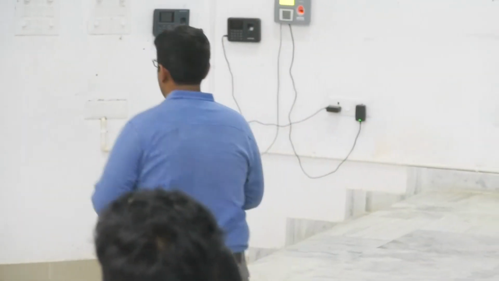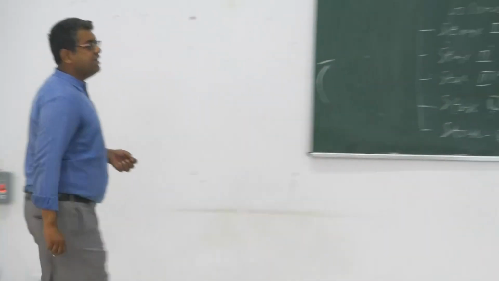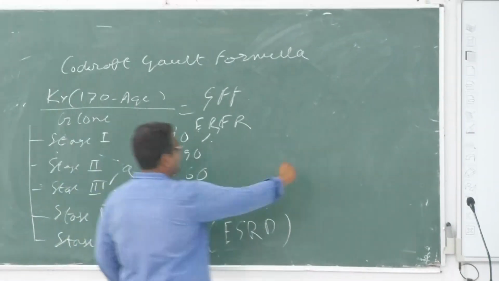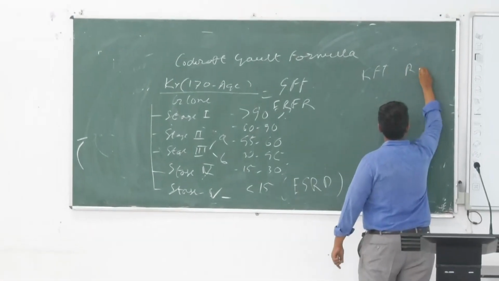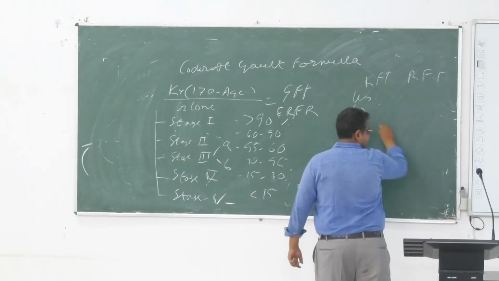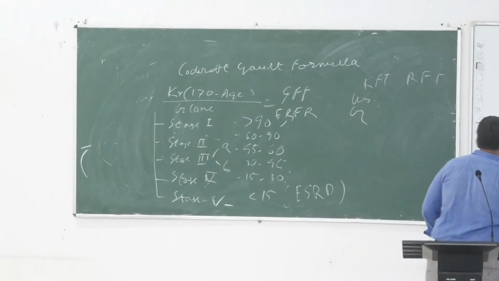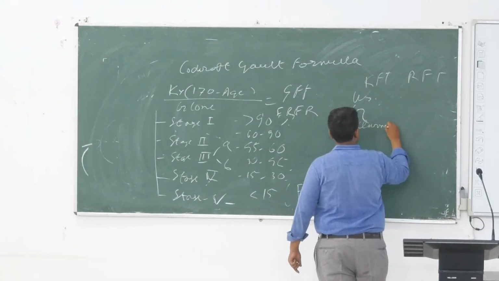Okay? Now, let us come to the parameters and what you will actually need to know. So, AFP or IFP. In AFP, you have urea, creatinine, and clearance.